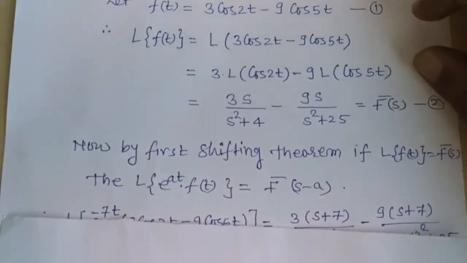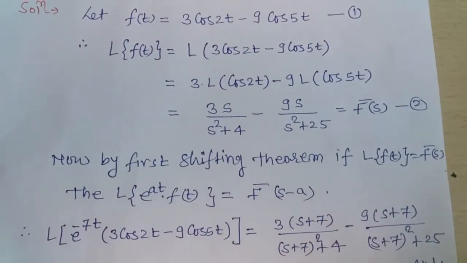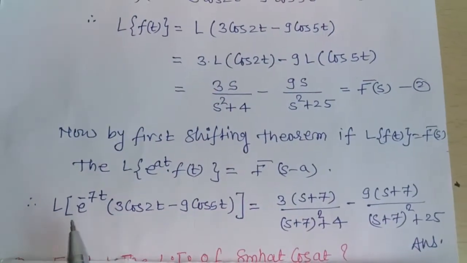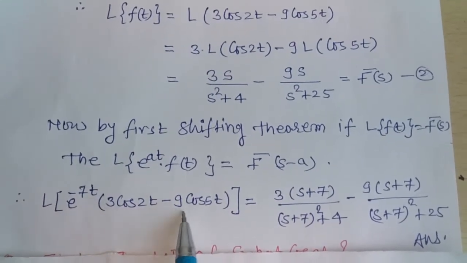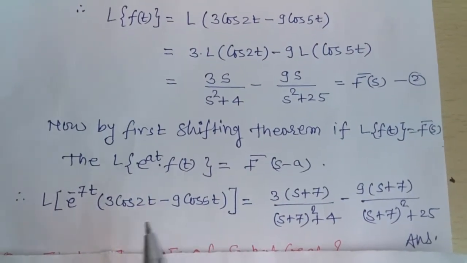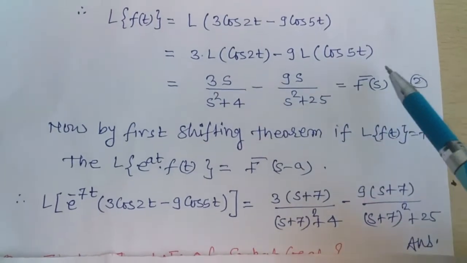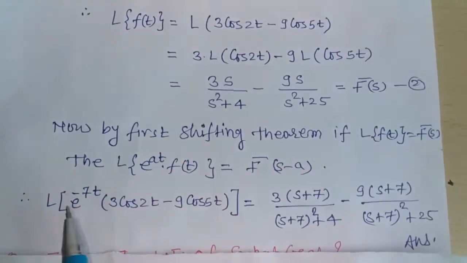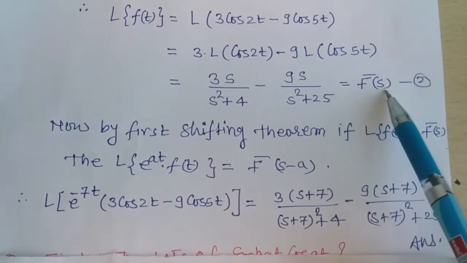Therefore, the Laplace transform of e raised to minus 7t into 3 cos 2t minus 9 cos 5t can be obtained by putting s equal to s minus a in f bar s. Here a is minus 7, so s is replaced by s plus 7.